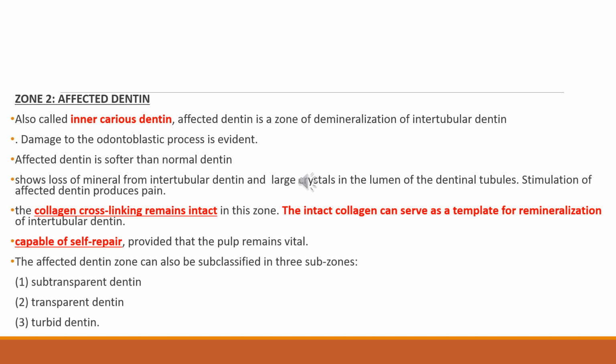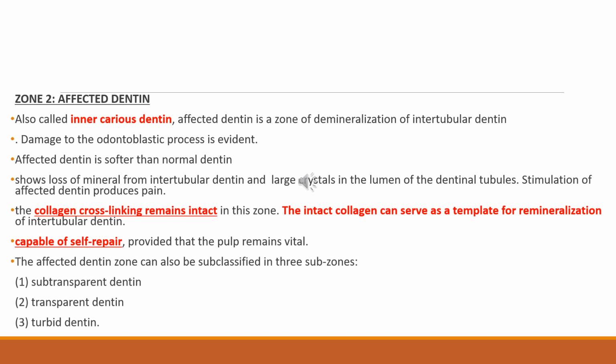The collagen cross-linking usually remains intact in the affected dentin, and this same intact collagen can serve as a template for remineralization. Affected dentin is capable of self-repair provided the pulp is not non-vital.